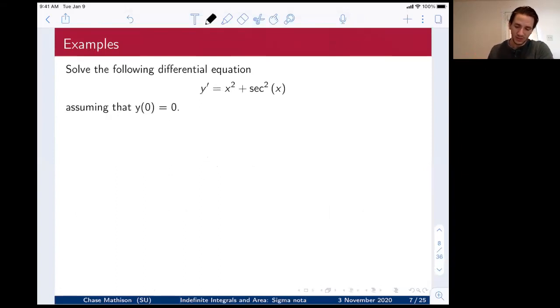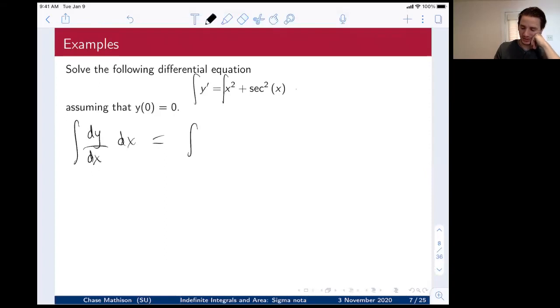So let's move on here. Solve the following differential equations. So I need to look at dy dx with respect to x. You just integrate both sides of this to find the solution of this.